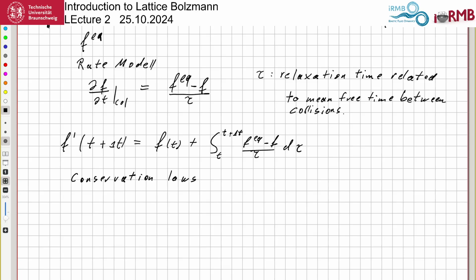Right now I cannot prove it on the spot. But what we observe is that if the two endpoints on this line have the same mass, momentum, and energy, then all the points in between also have the same, and also an extrapolation of this would have the same. So this means this collision operator has this conservation law of mass, which we identify in this way.